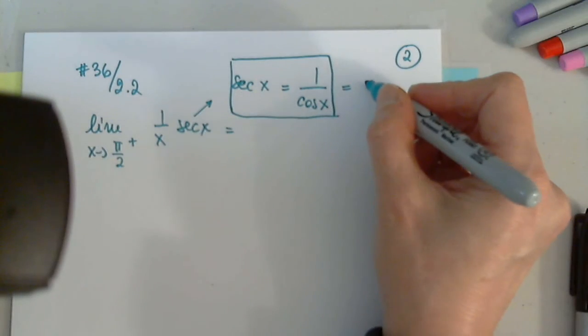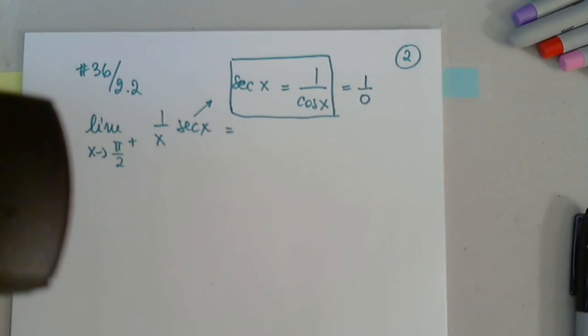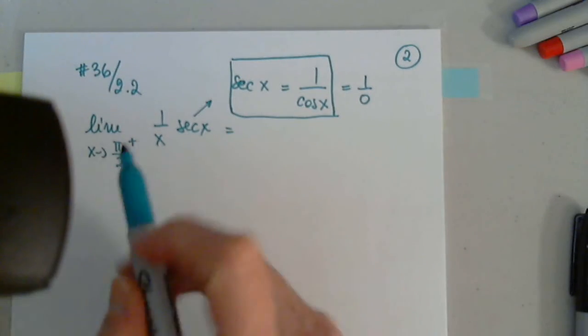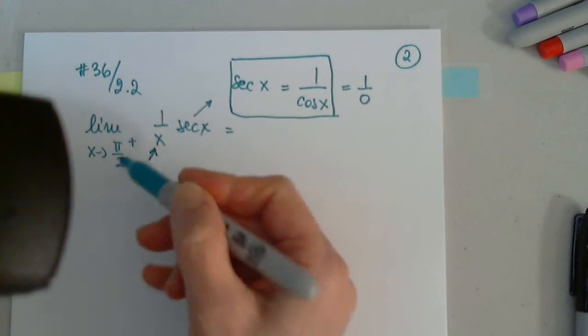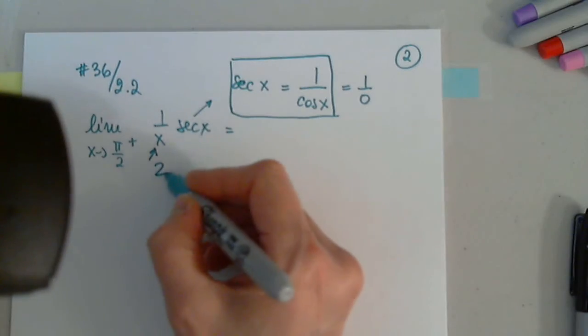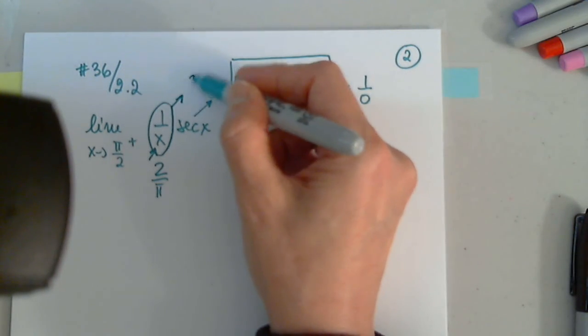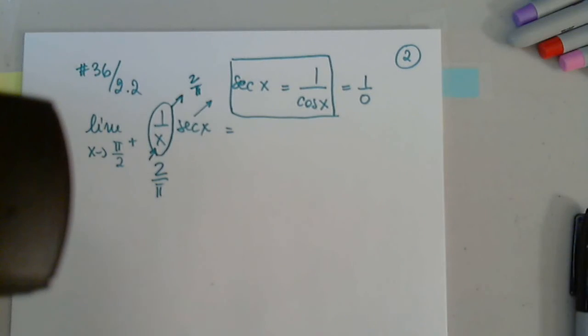Cosine pi over 2 is 0. So then we have here 1 over 0. Very good. Cosine pi over 2 is 0. So this is a number. It's pi over 2. When I flip, this will be 2 over pi. So all this expression will approach 2 over pi. Who cares? It's just a number.